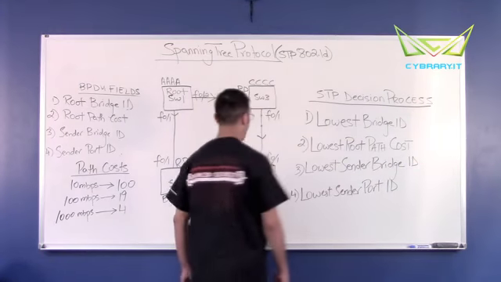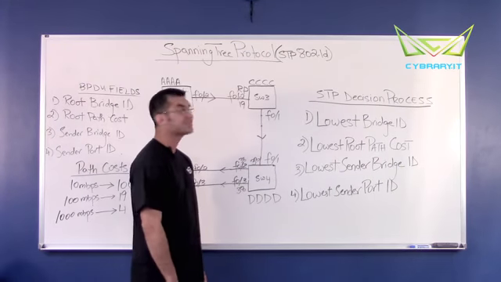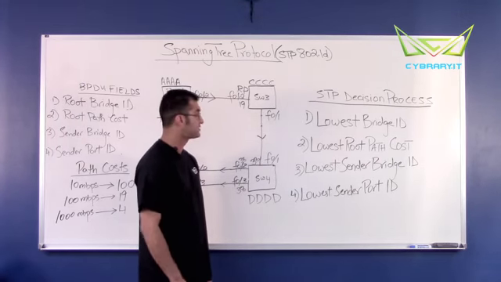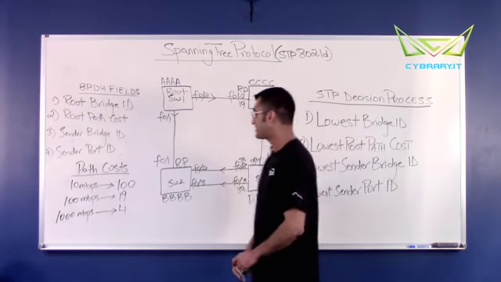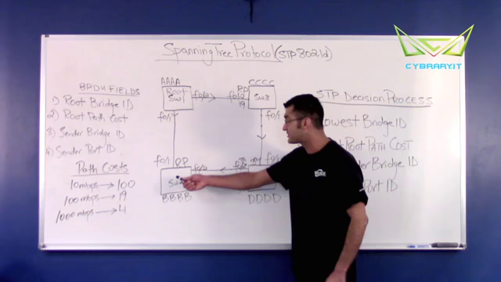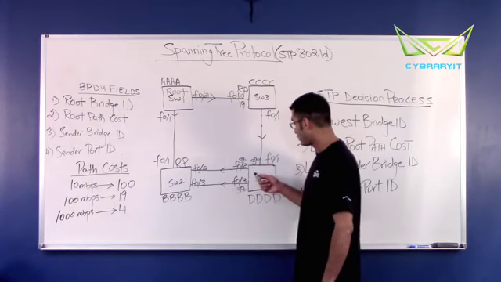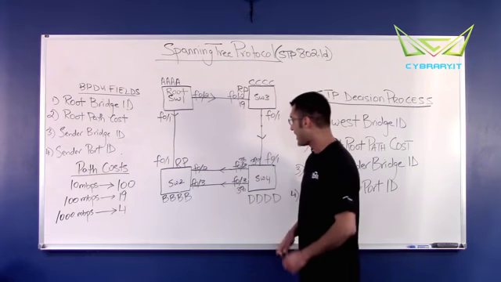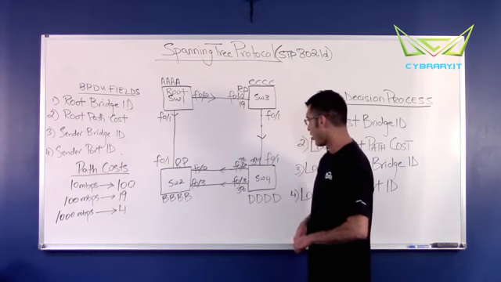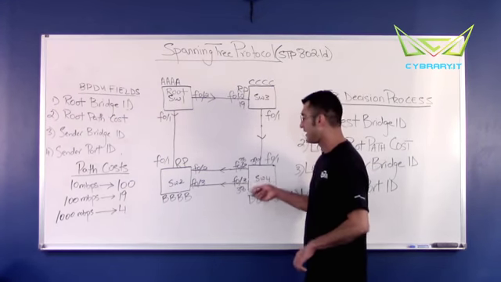Hence, switch 4 has to move to the last step in the spanning tree decision process, which is the lowest sender port ID. So the sender port ID, which is the ID of the sending switch, on port 2 of switch 4 is 2, and the sender port ID on port 3 of switch 4 is 3.